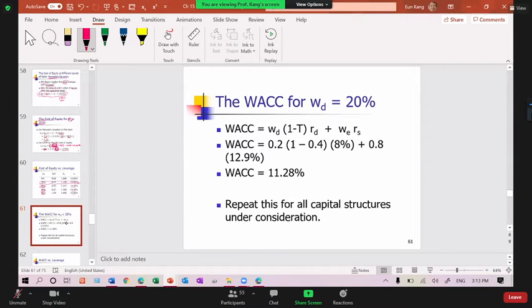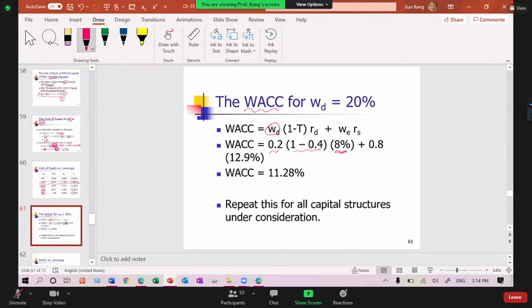Then now it's time to calculate WACC. WACC is, as you know, WD times 1 minus T times RD plus WE times RS. And this time, WD is pretty easy because we already said 20%, right? So 0.2 times 1 minus T times RD, 8%, right?